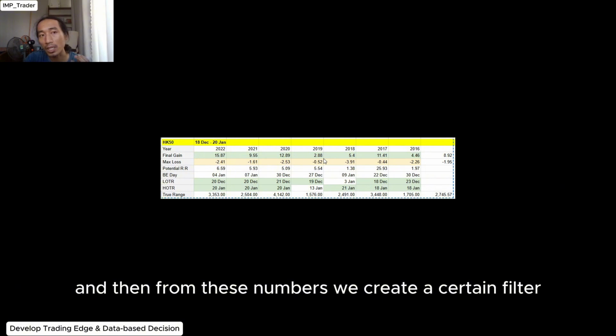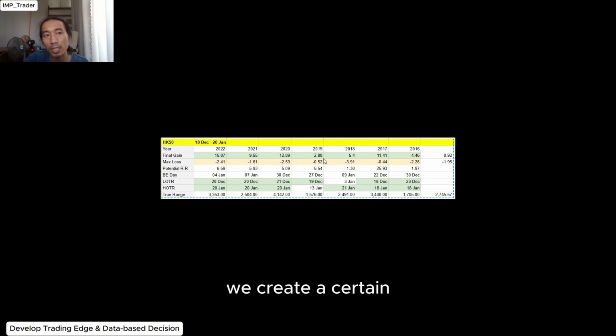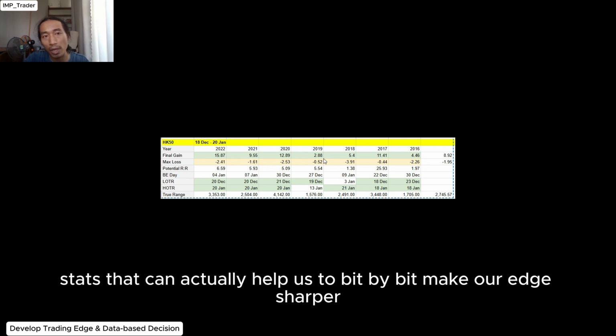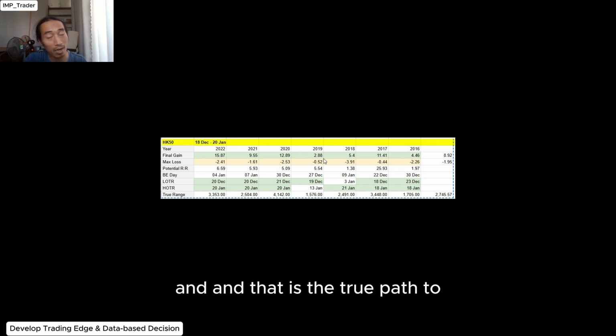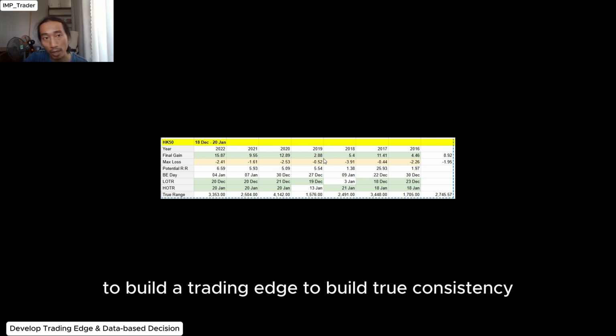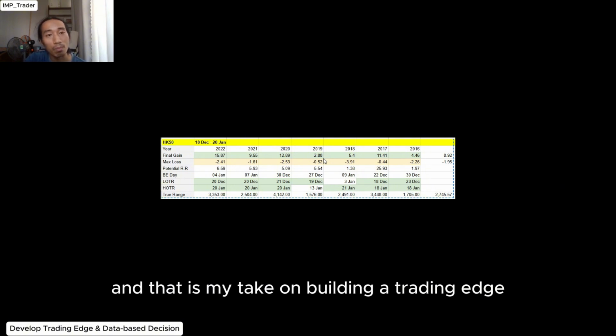And then from the numbers, we create a certain filter. We create certain stats that can actually help us to, bit by bit, make our edge sharper, and that is the true path to build a trading edge, to build true consistency. And that is my take on building a trading edge.